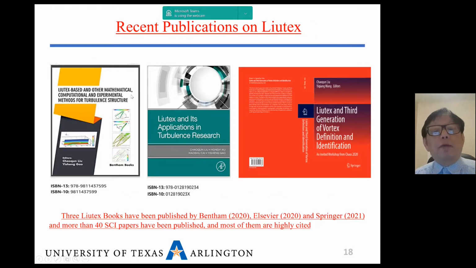Since then, we have published three books about Nutex, one by Bentham, the other by Elsevier, and the third one by Springer. And we have published more than 40 ACI papers, most of them highly cited.